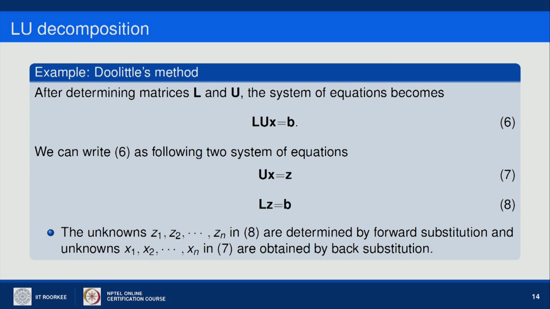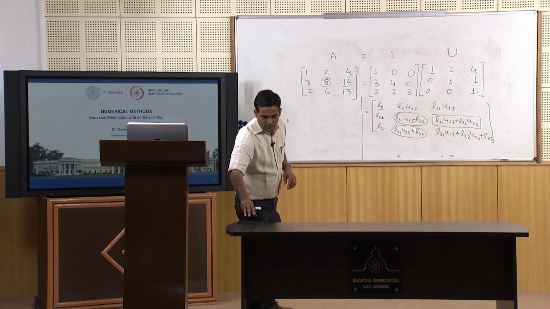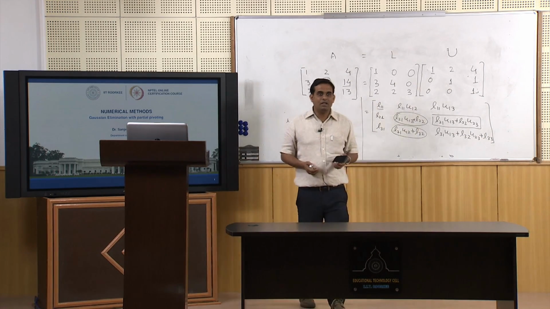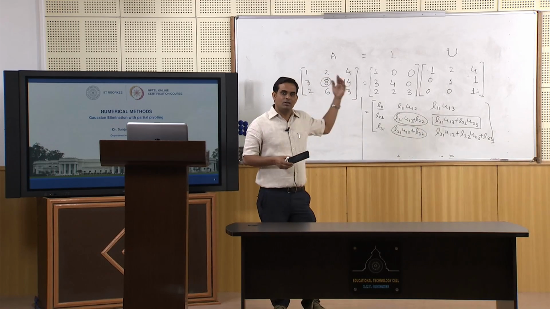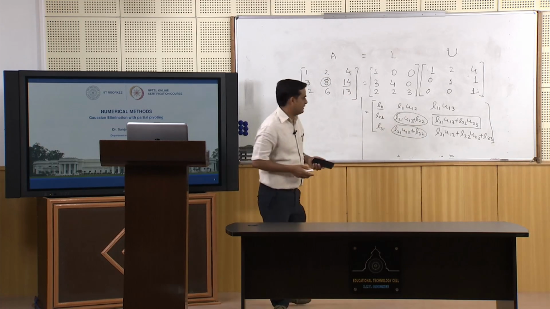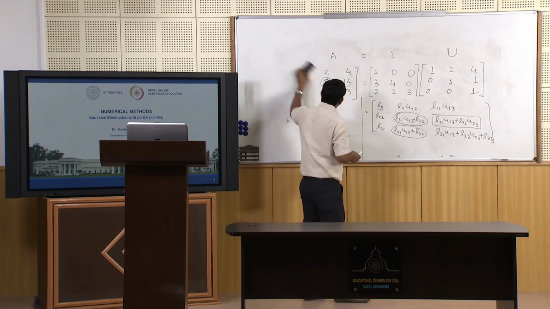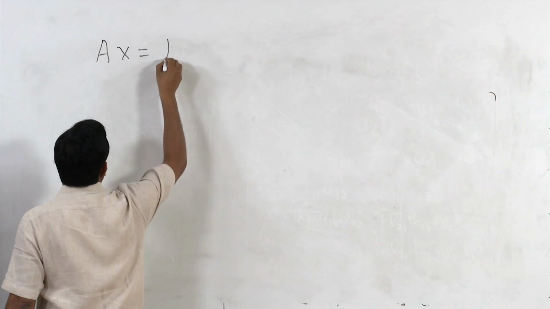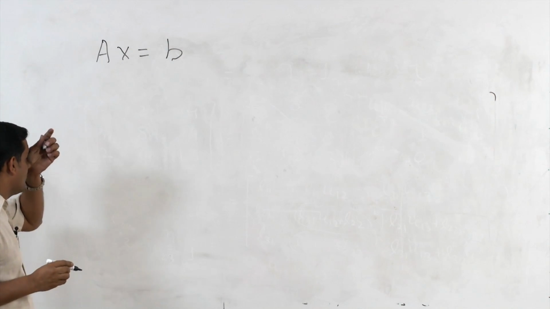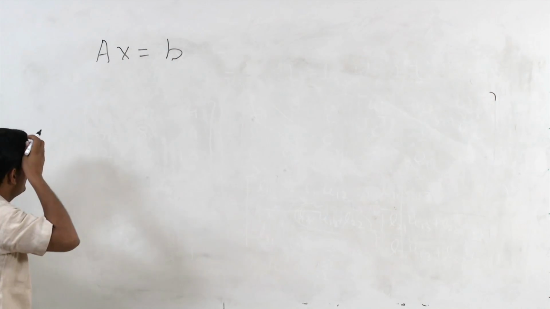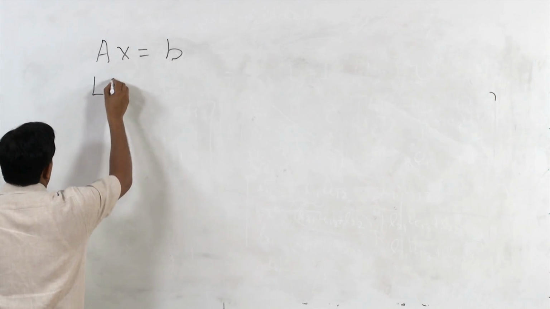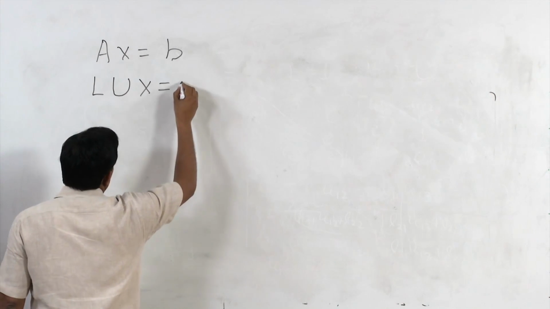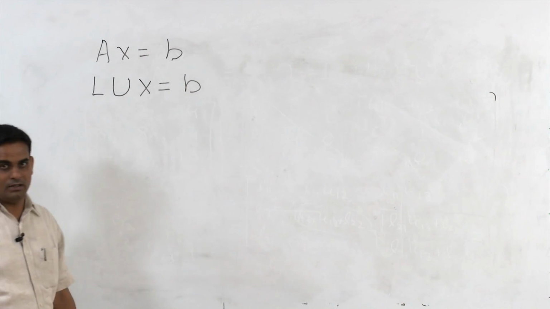Now, this is about the factorization or decomposition. Now, question: how to solve a linear system using the concept of factorization. So, let me explain it. So, basically we are having Ax equals to b. So, I have decomposed as L into U, so LUx equals to b.